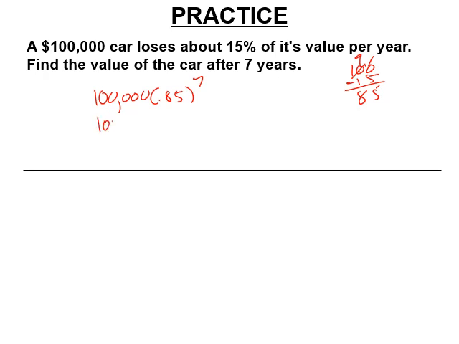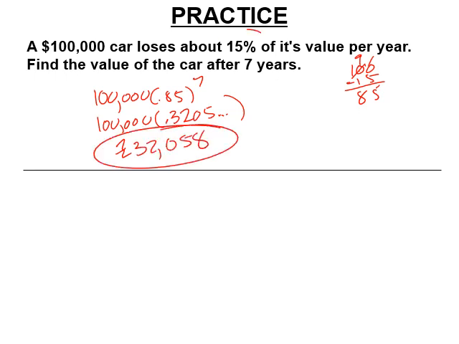So this is 100,000, and we're times 0.3205, and some other numbers. And so your $100,000 car, 7 years later, and different cars lose different percentages every year.